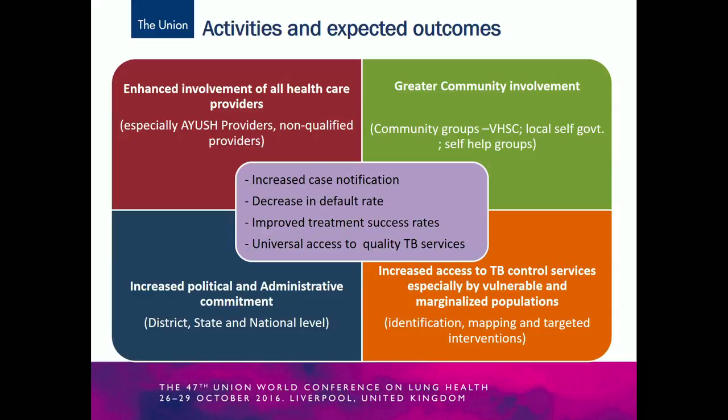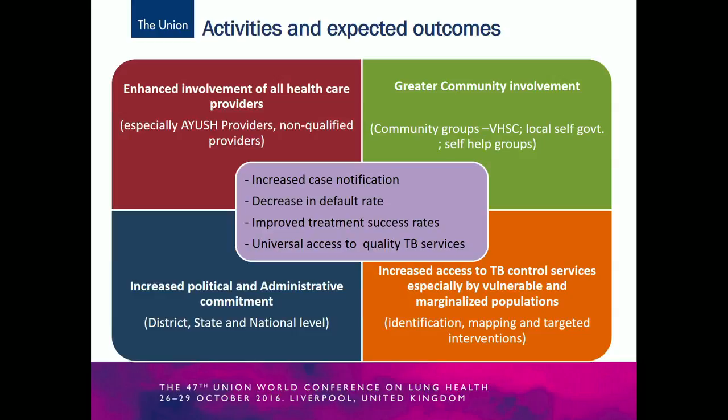And we also have a major component I'm going to talk about as an intervention: increased access to TB control services, which is enhanced case finding. I'll be dealing with that in detail. We are also involving the rural health care providers who are the first point of care, and I'm going to talk about that intervention too.